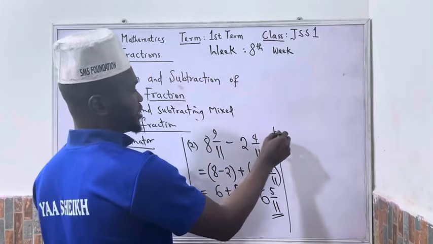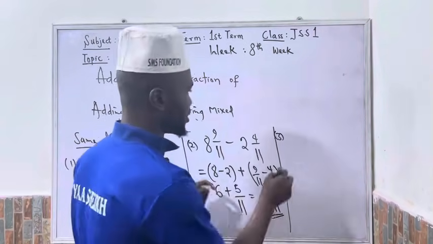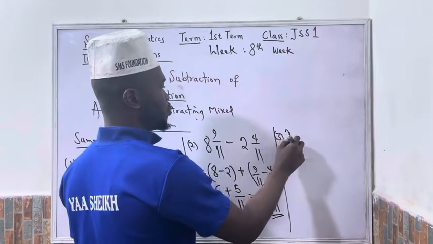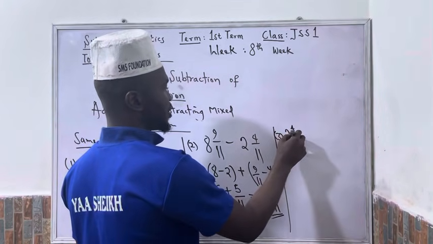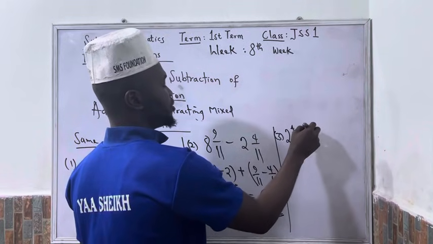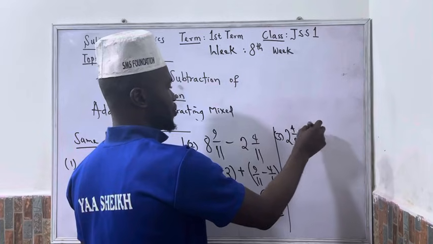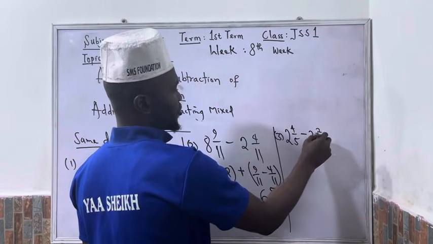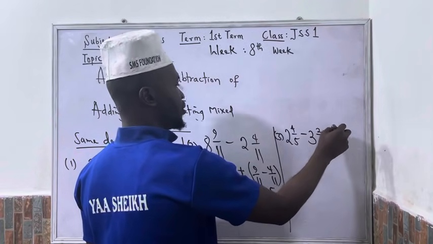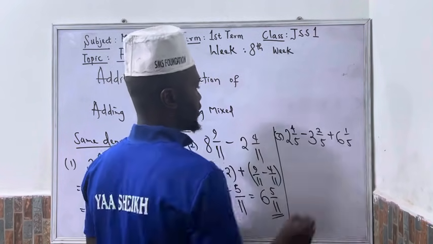Now, if you have 3 fractions together, you can still do the same thing. Let's say this is number 3, but this time around I want to combine addition and subtraction. Let's say we have 2 whole number, 4 over 5, minus 3 whole number, 2 over 5, plus 6 whole number, 1 over 5.